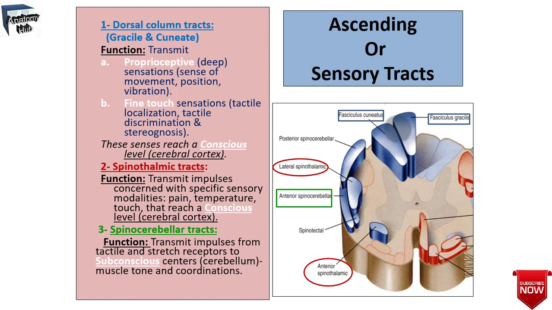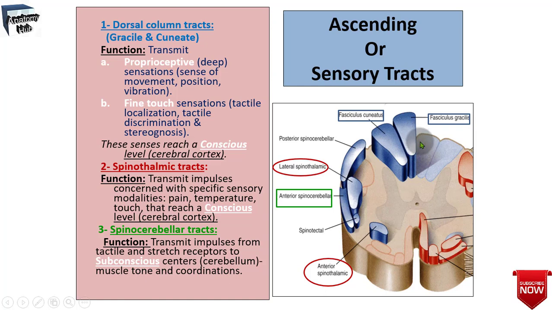The fasciculus gracilis and the fasciculus cuneatus are the two large ascending tracts that run on each side of the cord in the dorsal funiculi that you can observe, separated by the posterior intermediate septum.